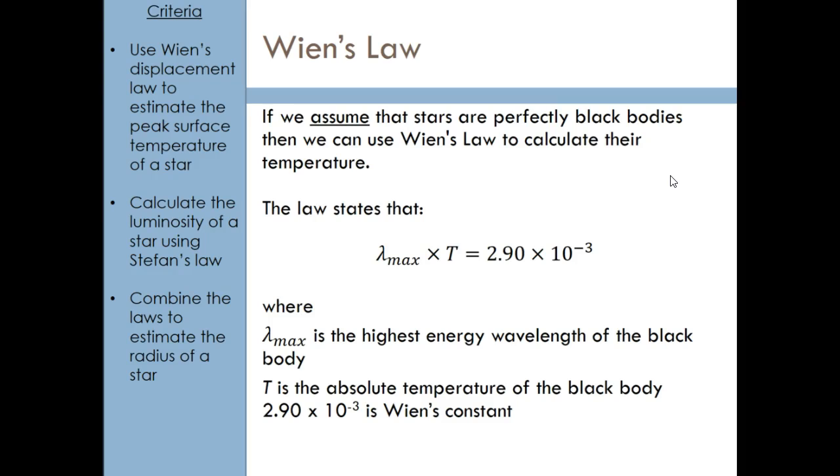So basically, if I have two stars, if I know the wavelengths given off by both and the temperature of one, I can use that to figure out the temperature of the other. They will probably ask you to do that rather than give you Wien's constant to do it. So this is another one of those basically proportional relationships. All we are saying here is that we've got a proportional relationship between the maximum wavelength given out by the star and its temperature, and we can use that to figure out exactly what's going on.